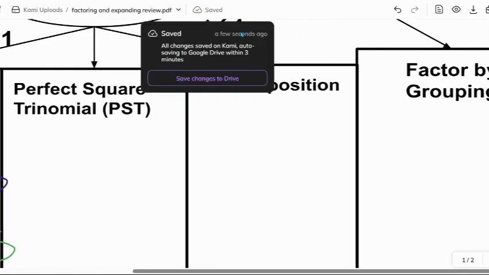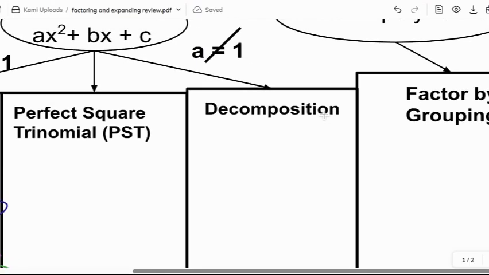So when a does not equal 1, it could be like, oh, I need to invent one in my head.